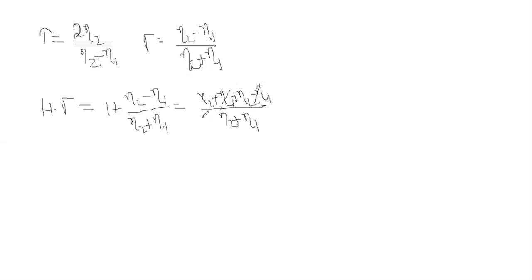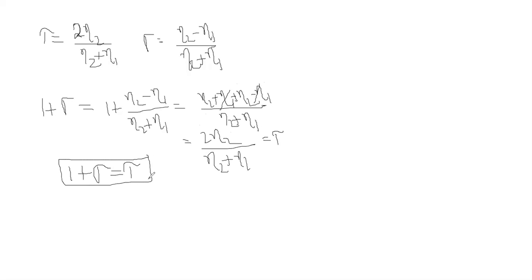So plus eta 1 and minus eta 1 get cancelled. Eta 2 plus eta 2 is 2 eta 2 by eta 2 plus eta 1. This is the same as the transmission coefficient. So 1 plus the reflection coefficient is equal to the transmission coefficient tau. Now we got one relation.